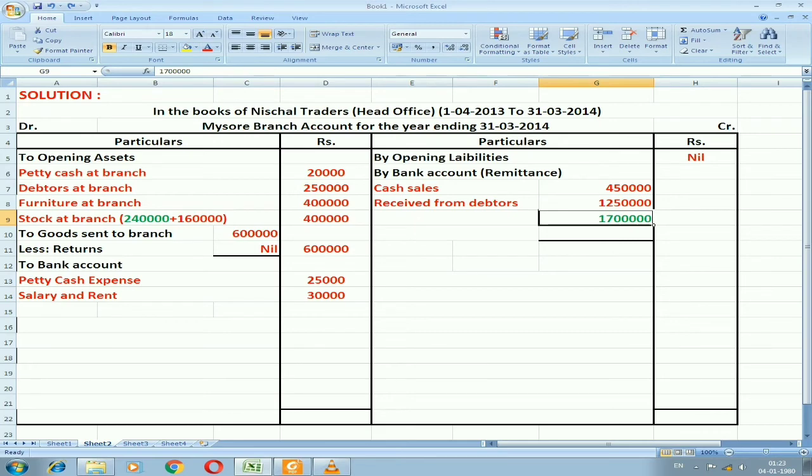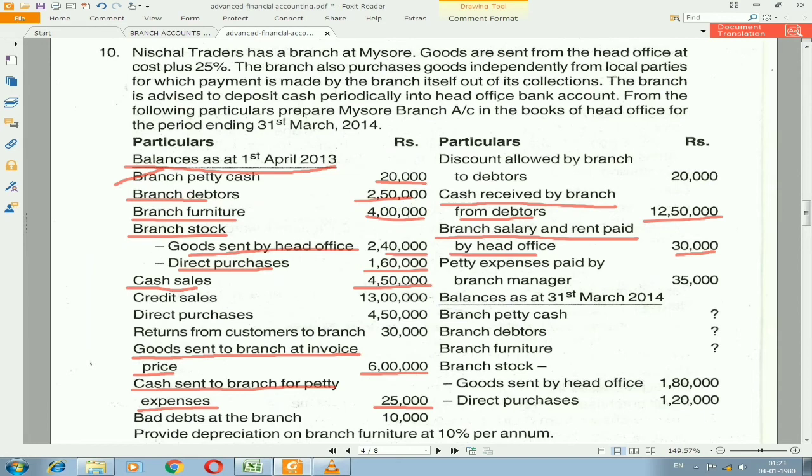From this we are supposed to deduct direct purchase which is made by the branch independently with the local parties. As you can see in the illustration, we have direct purchase with the amount of 4,50,000. They have mentioned one particular sentence in the illustration, that the branch also purchased goods independently from local parties for which payment is made by the branch itself out of its collections.